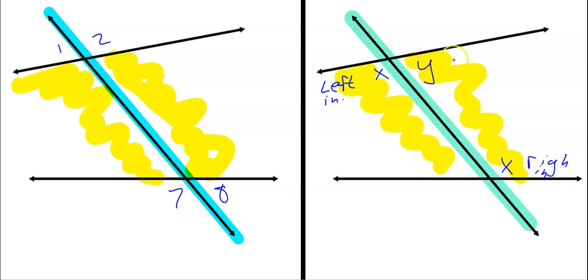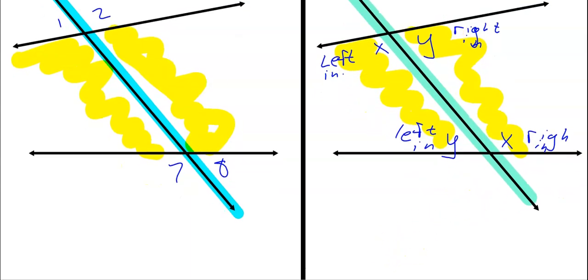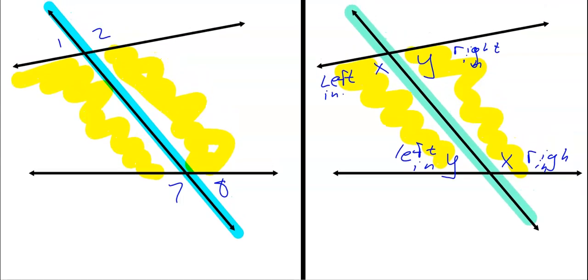We also have right, inside, and we have left, inside. I switched to letters for no specific reason, just to make it a little easier to understand. So the X's are my alternate interior angles, and the Y's are the alternate interior angles. 2 pairs of alternate interior angles.